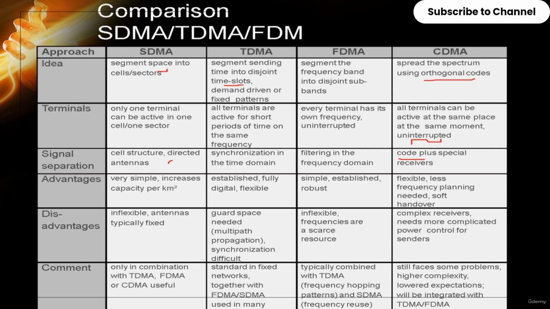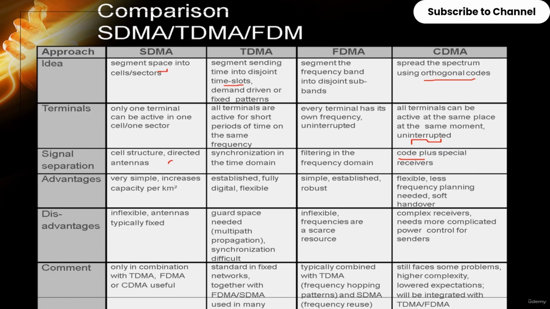In FDMA, it is inflexible because the frequencies of particular stations need to be maintained between the mobile stations. And in CDMA, it is very complex to maintain the codes from base station to receivers, or from sender to receiver. The maintaining of codes is very, very difficult, and power control needs to be maintained.